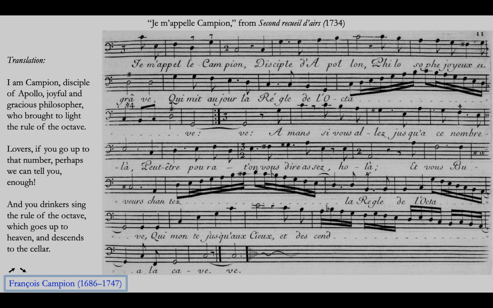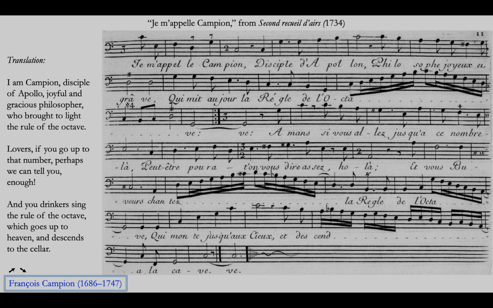Je m'appelle Campion, disciple d'Apollon, philosophe joyeux et grave, qui mit au jour la règle de Amant, si vous allez jusqu'à ce nombre-là, peut-être pour un mot vous dire assez au-là.